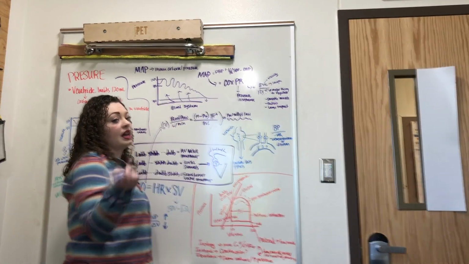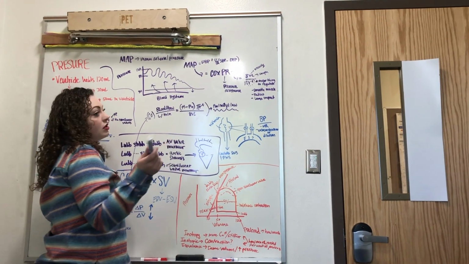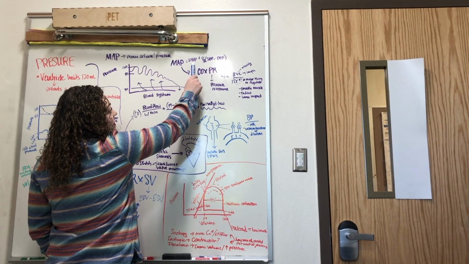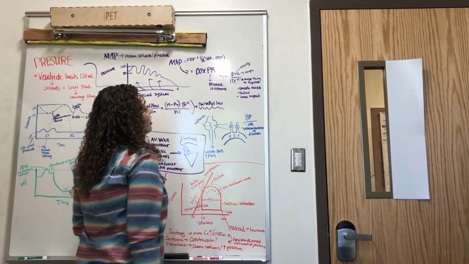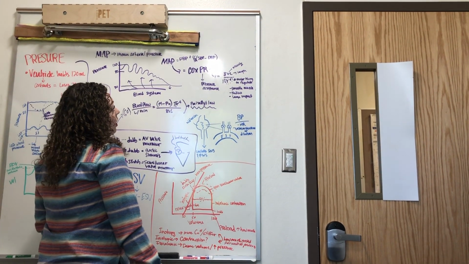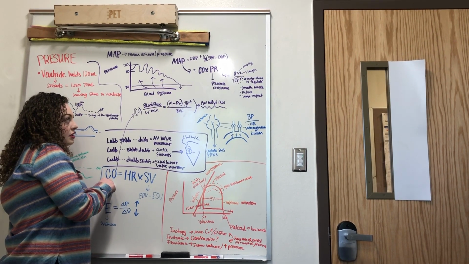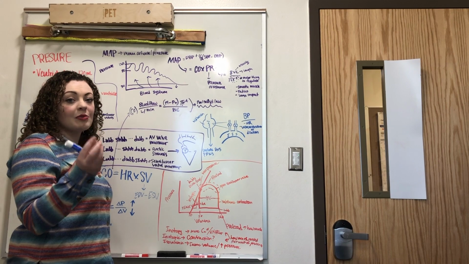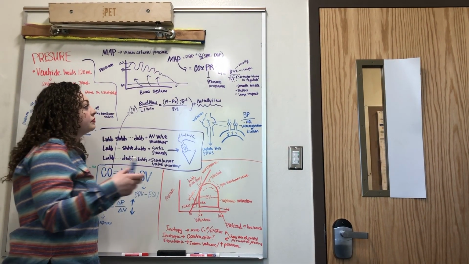So there are some different calculations that we need to be able to make in reference to the mean arterial pressure. Mean arterial pressure is DBP plus 1/3 of the SBP minus the DBP. Or it's cardiac output, which we already figured out how to do, times PR, which is pressure resistance. So how much resistance is in the artery.